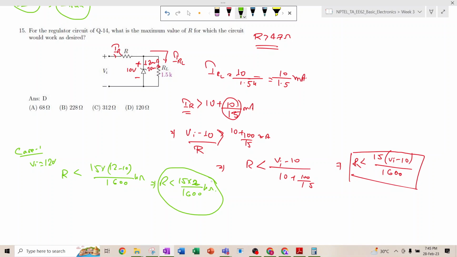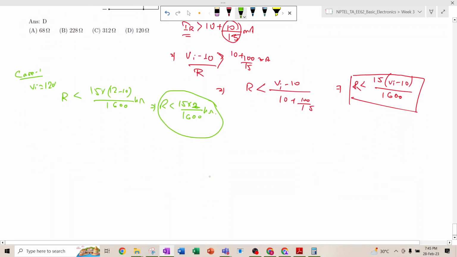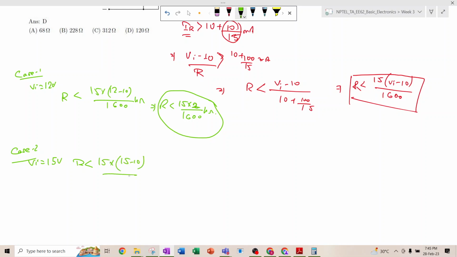And case 2, if the input voltage is 15 volt, then the resistance R should be less than 15 into 15 minus 10 divided by 250 kilo ohm, which is nothing but 15 into 5 divided by 250.